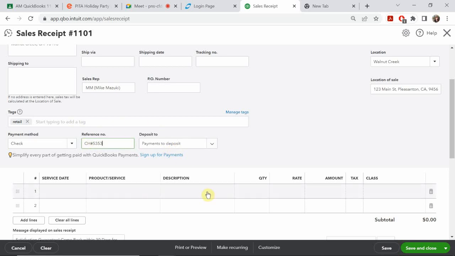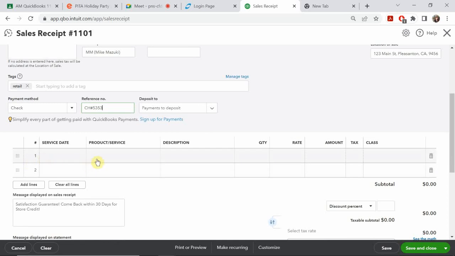It's going to go to payments to deposit. So the previous person paid with the credit card. And again, you can always go back and modify it. In this case, you just missed that section right there. So in this case, right here, you want to identify that they're paying with a check, and it's going to be payments to deposit. Right?